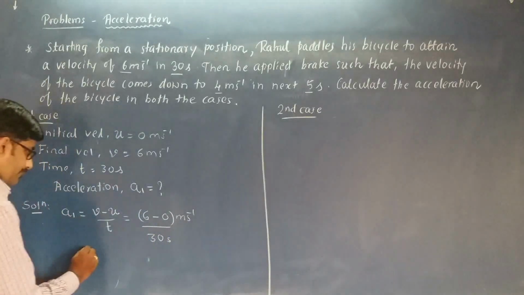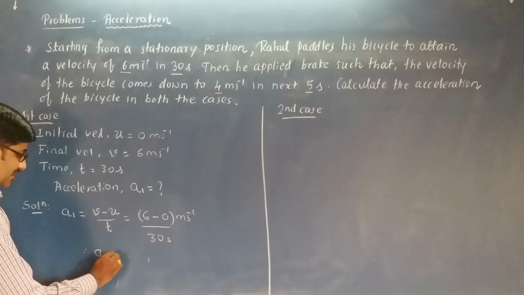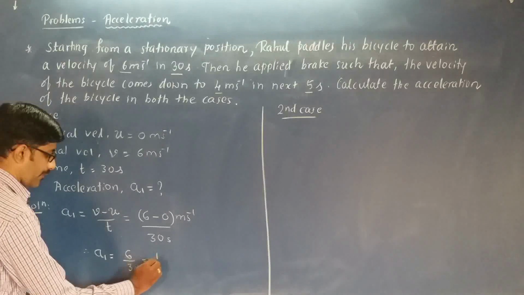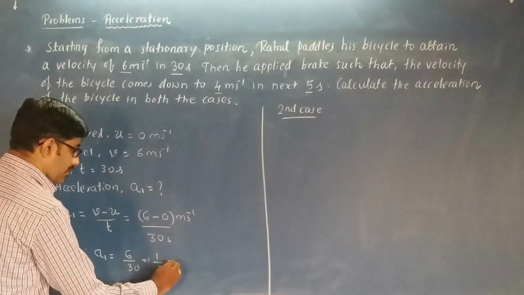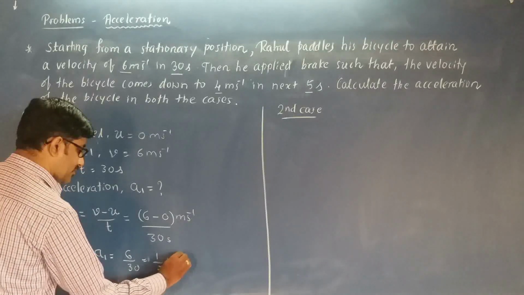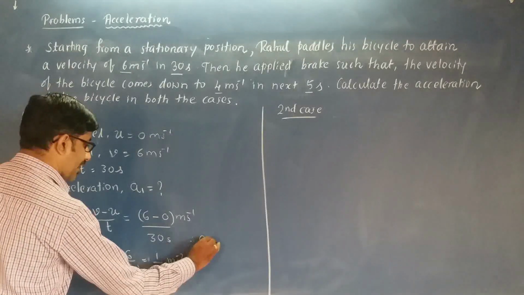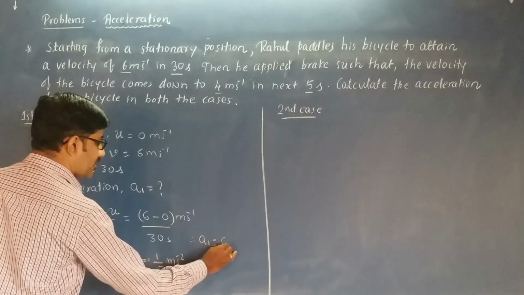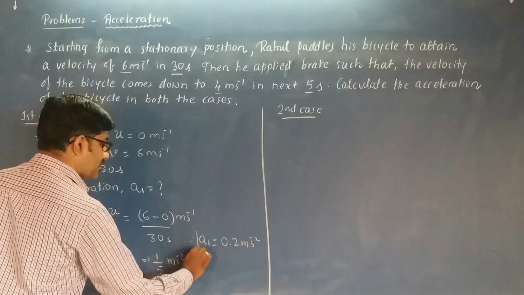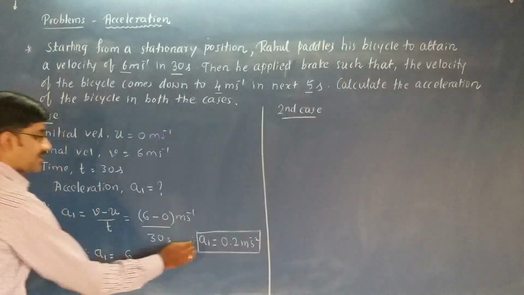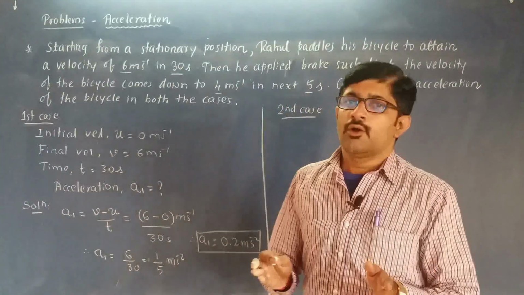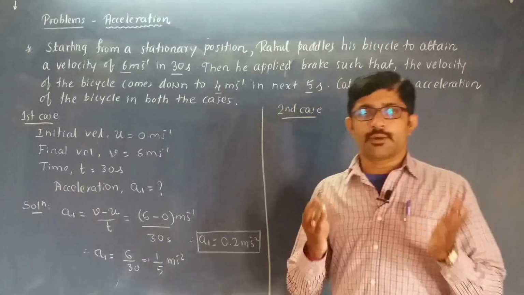Therefore a1 is 6 by 30, which is equal to 1 by 5 meter per second square, or a1 is equal to 0.2 meter per second square. 0.2 meter per second square will be the acceleration of Rahul, who was pedaling his bicycle.